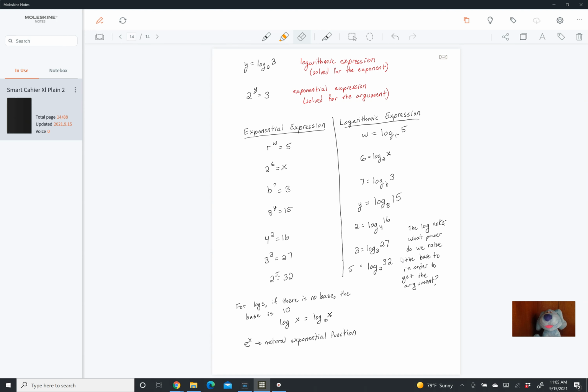This base is just as common because it turns out that in nature, things increase at an exponential rate of e.